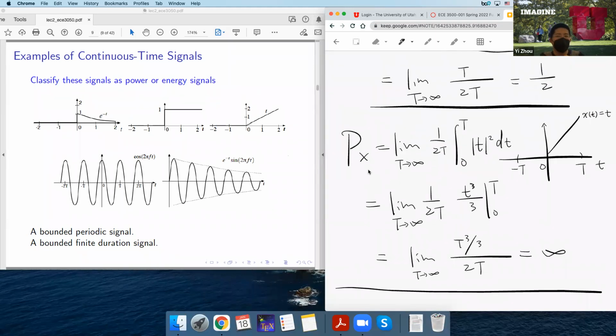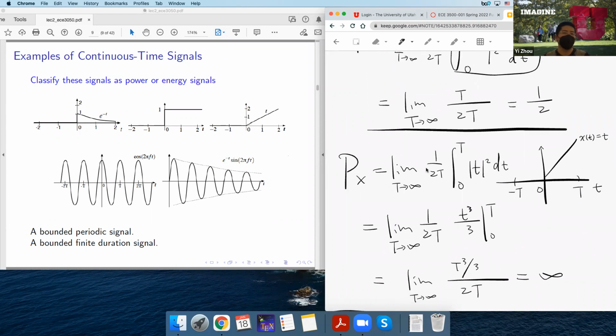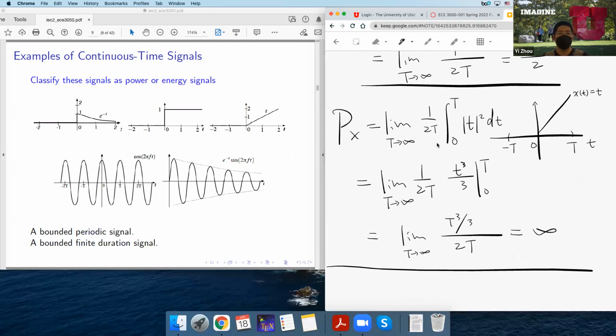But this example shows that if the signal is very, very strong and the amplitude diverges to infinity very quickly, then the energy is infinite, and at the same time, the average energy can also be infinite if the signal diverges rather quickly, especially faster than 1 over capital T. Then the power can still be infinite.